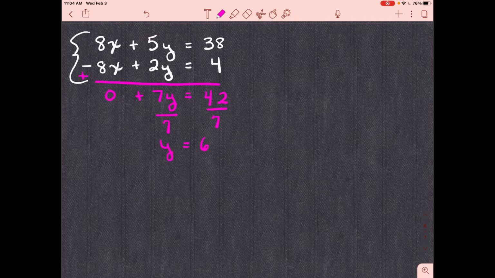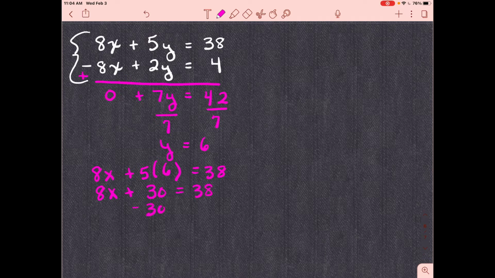I need to choose one of these equations. Doesn't matter which one. Let's say we chose 8x plus 5y equals 38, and let's plug in a 6 instead of the y. So I have 8x plus 30 equals 38.